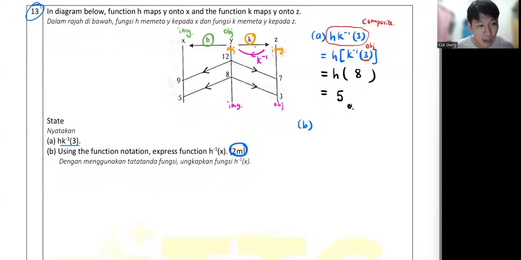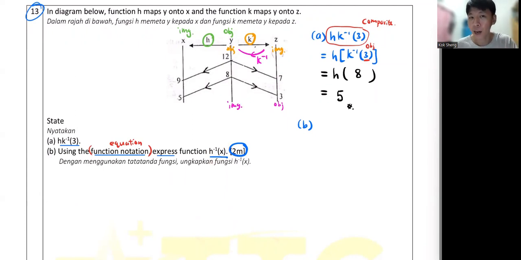Okay, next, using the function notation, express function h negative 1. So what do we need for question B here? Function notation is equation only. So for question B, using an equation, express h negative 1.